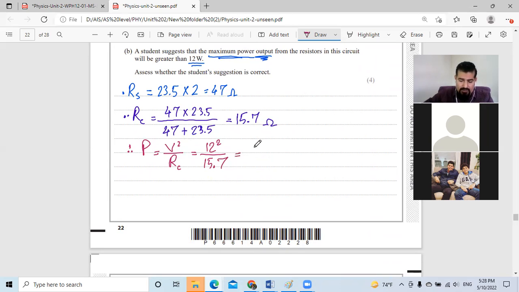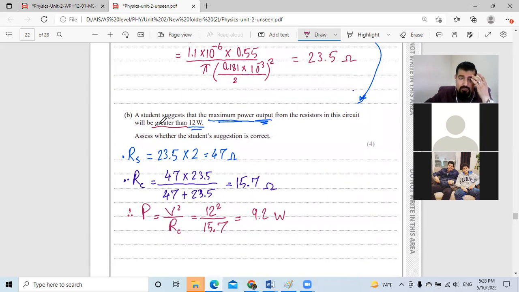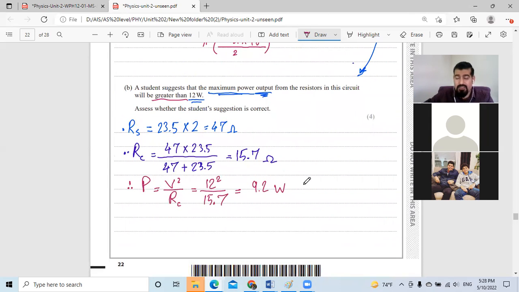And by using the calculator, it will be 9.2 watts. So he said that it will be greater than, which is less than 12 watts. So the student's suggestion is incorrect.